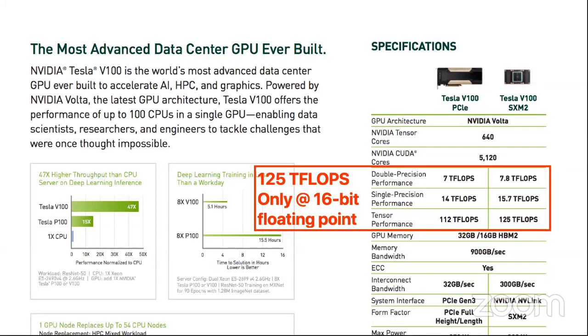So if you have an algorithm that really requires precision higher than 16-bit floating point, thinking about how big a 16-bit floating point can express, it's actually lower than 65K.